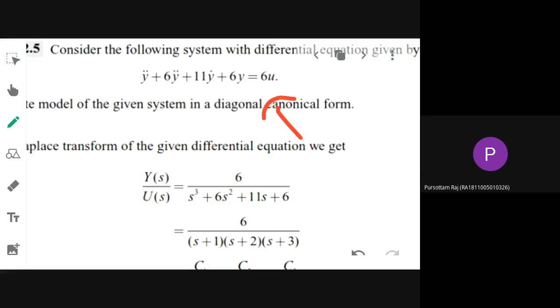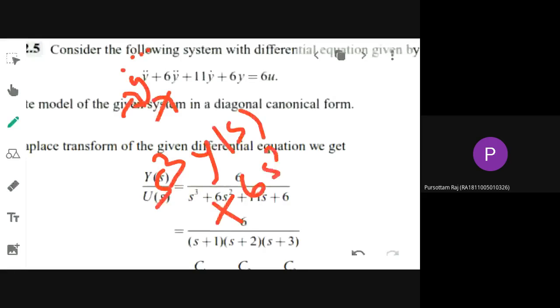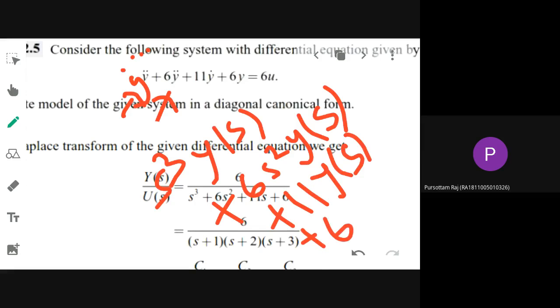Now, what you need to do here is take the differentiation, which means substituting s squared Y(s). This is again a double integration. I think this is y triple dot, a mistake here. So if I write this equation, it will be s cube Y(s) plus 6 s squared Y(s) plus 11 s Y(s) plus 6 Y(s), equal to 6 U(s).